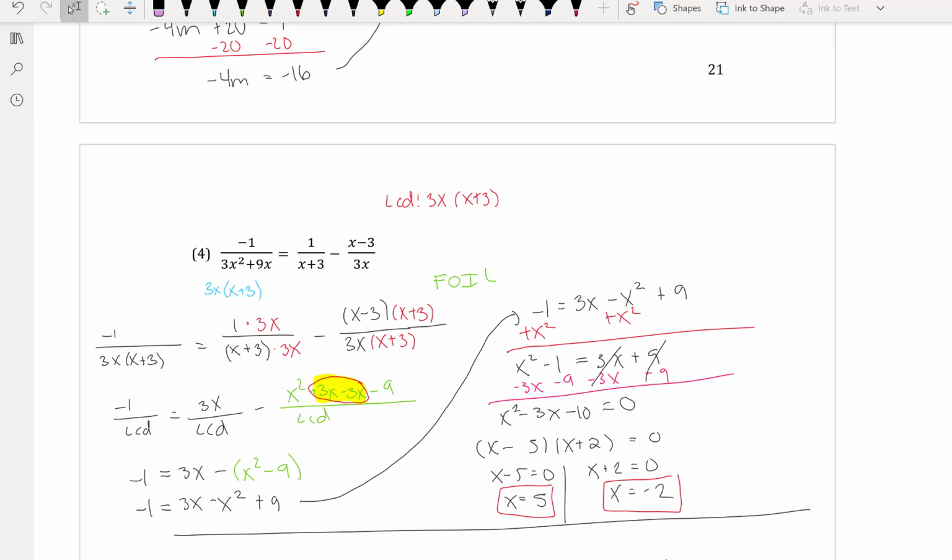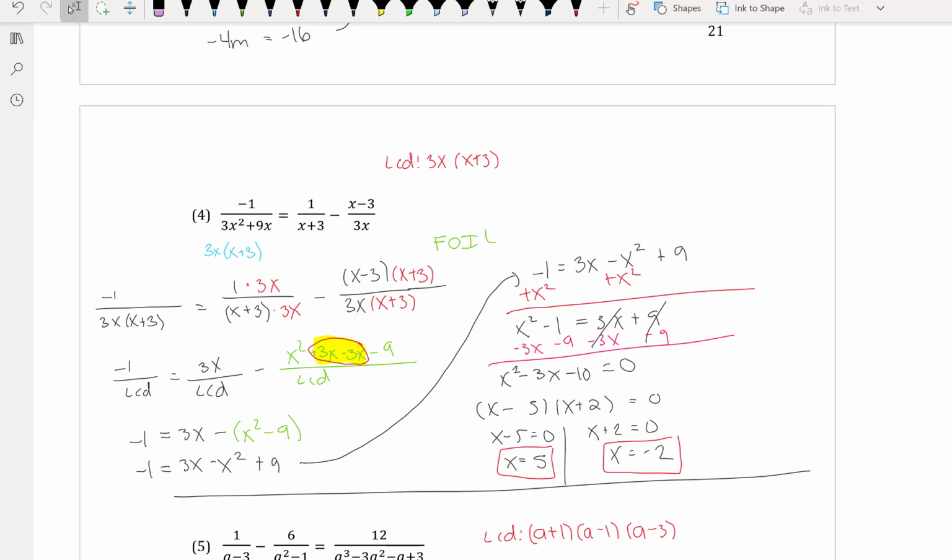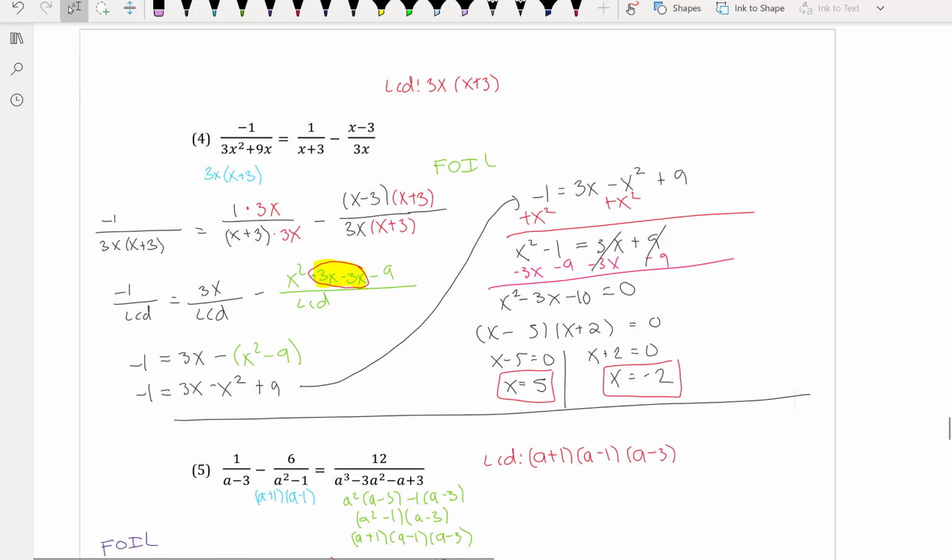Then I combine my numerators, FOIL and distribute, and drop my denominators. Then I solve for x by factoring, and I got that x is equal to 5 and x is equal to negative 2. Both of those answers are fine.